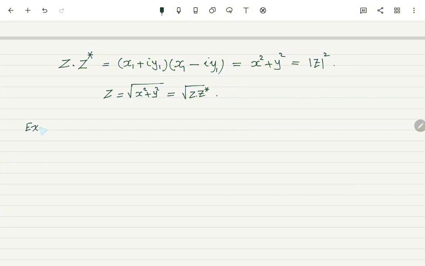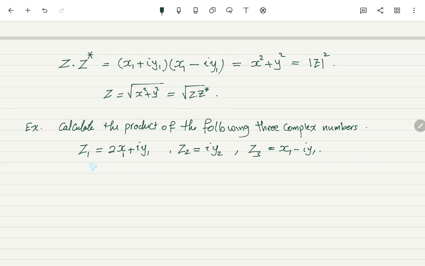Example: calculate the product of the following three complex numbers. z1 equals 2x1 plus iy1, z2 equals iy2, z3 equals x1 minus iy1. The simple way to multiply these three complex numbers is to multiply any two of them, then the result is multiplied by the third one.